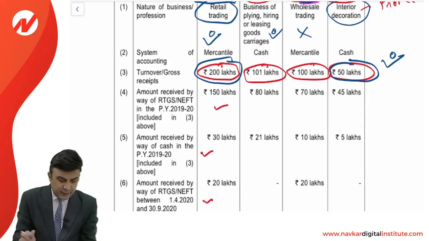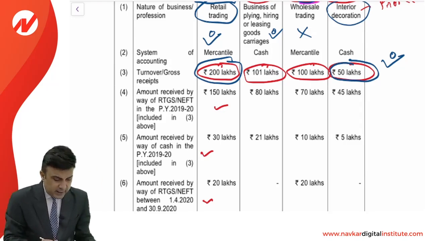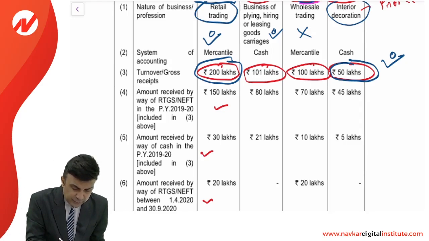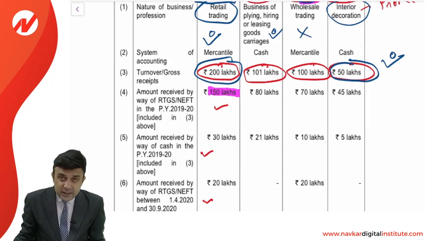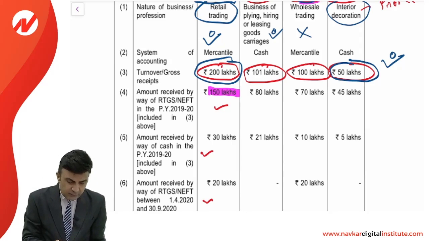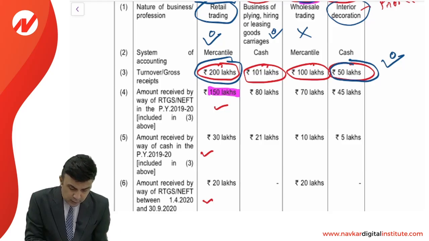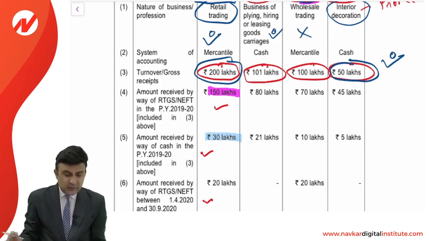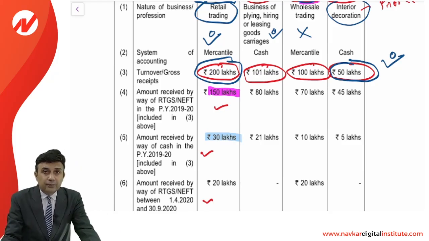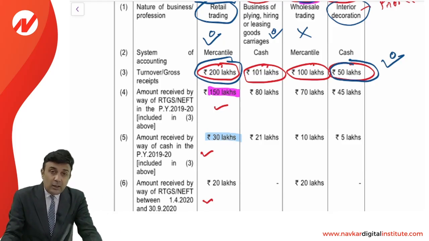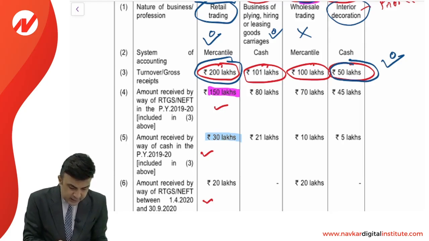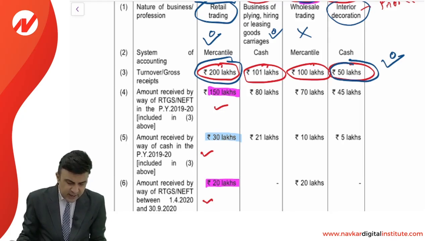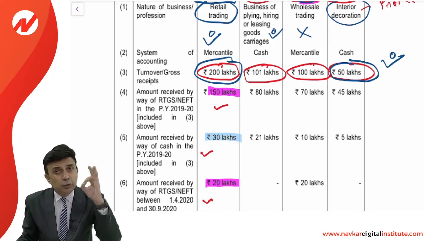In our case, friends, out of 200 lakh, can I say rupees 150 lakh is said to have been received by RTGS, NEFT in the previous year 19-20 itself. Same way, out of this 200 lakh, 30 lakh is received by cash, and the remaining amount of 20 lakh is received by RTGS, NEFT between 1/4/20 and 30th September 20.